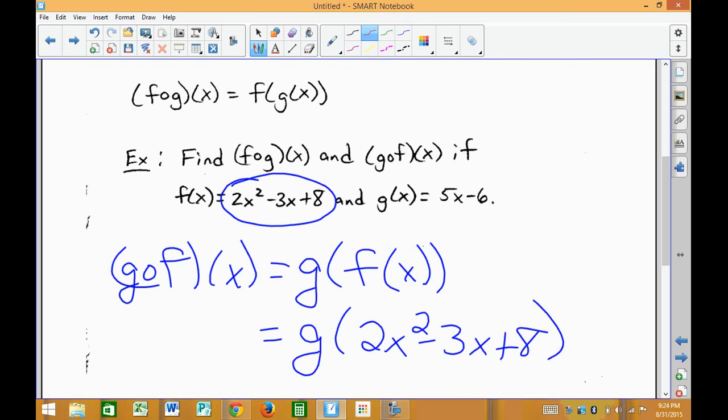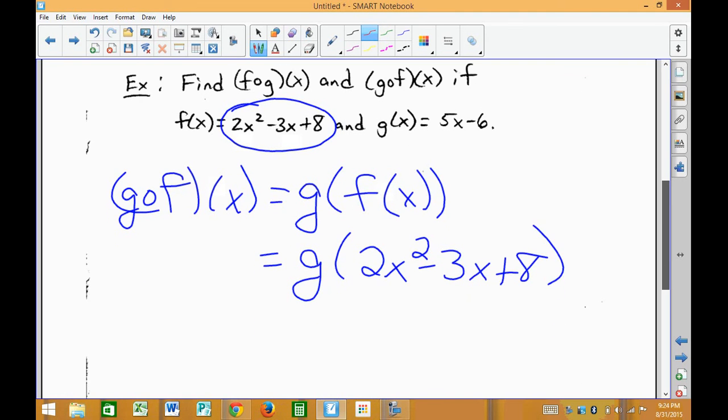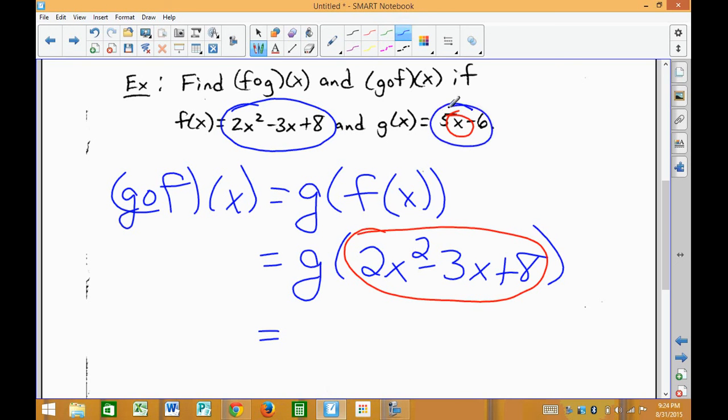Okay, so here's where our substitution occurs. Whatever letter is out front, this time g, we go to g, and everywhere there's an x variable, that's what we're going to replace with all of this. So here's my g of x.